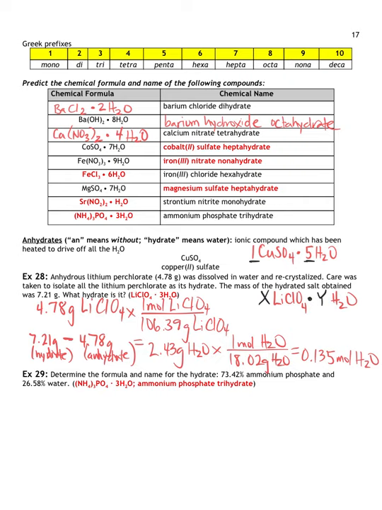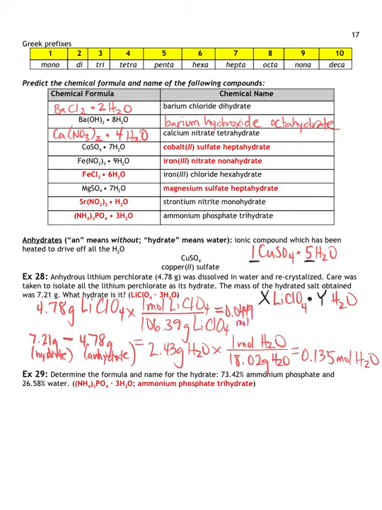Like we did earlier, we look at these two numbers and see that they are not really nice whole numbers. I obviously did not calculate the moles of lithium perchlorate, and I should have. It ends up being 0.0449 moles.